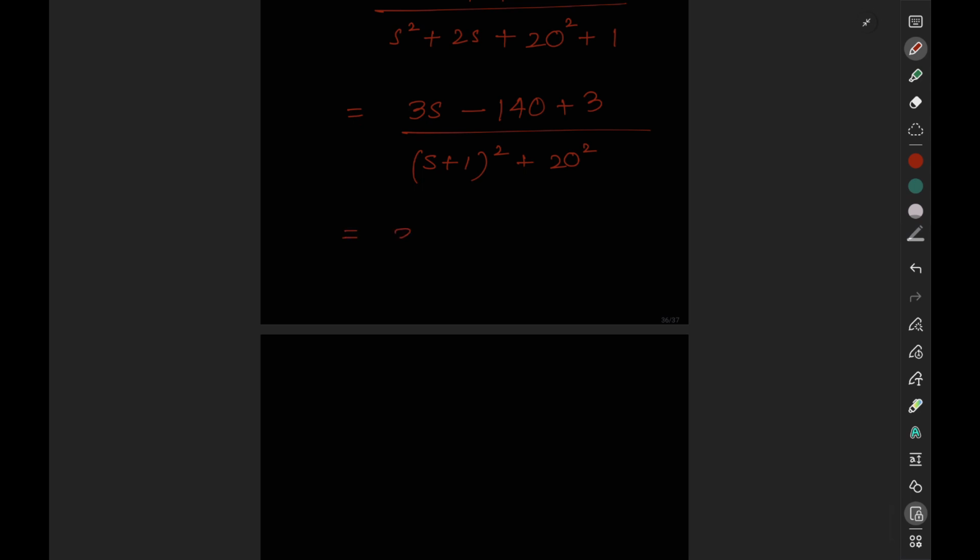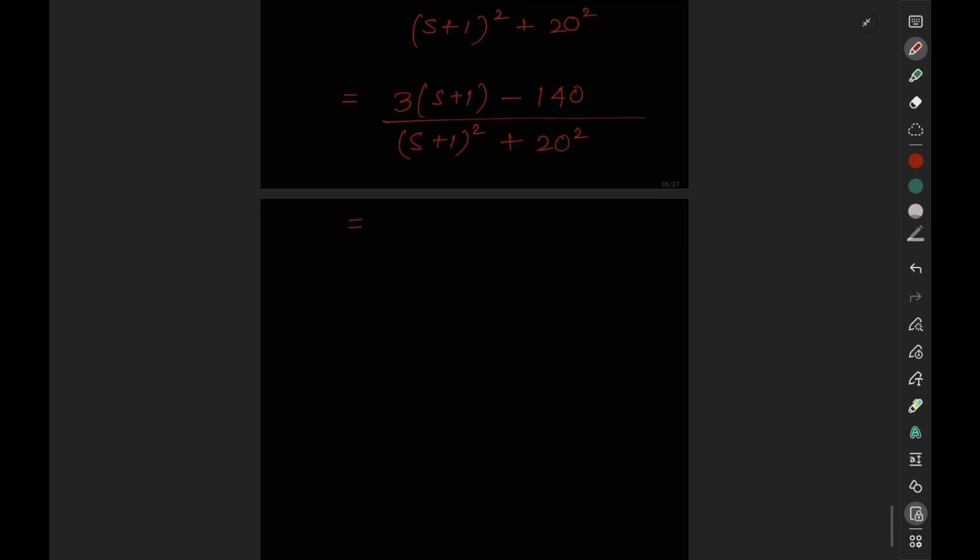Now this will become 3 times s plus 1 minus 140 upon s plus 1 whole square plus 20 square. We can split this into two terms: 3 times s plus 1 upon s plus 1 whole square plus 20 square minus 140 upon s plus 1 whole square plus 20 square.